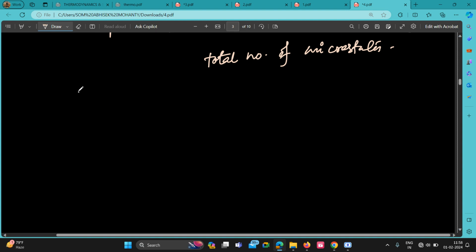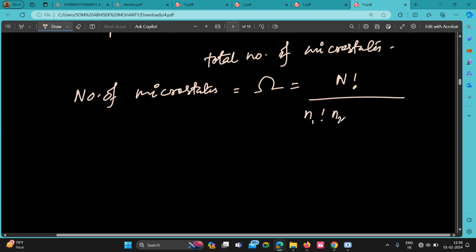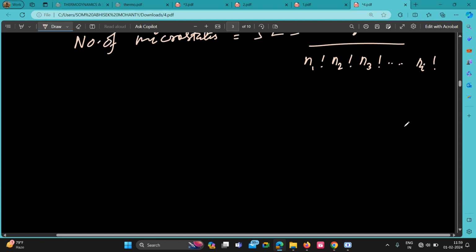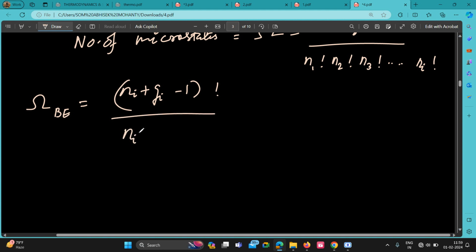So the number of microstates is Omega equal to n factorial by n1 factorial, n2 factorial, n3 factorial, up to ni factorial. Now microstates for different statistics. For Bose-Einstein it will be (ni plus gi minus 1) factorial divided by ni factorial (gi minus 1) factorial.